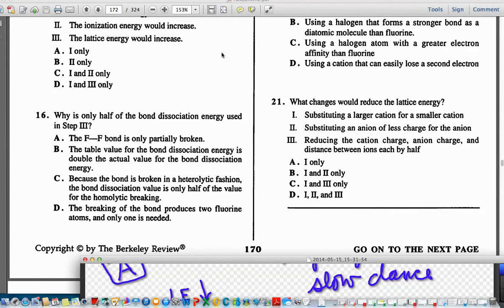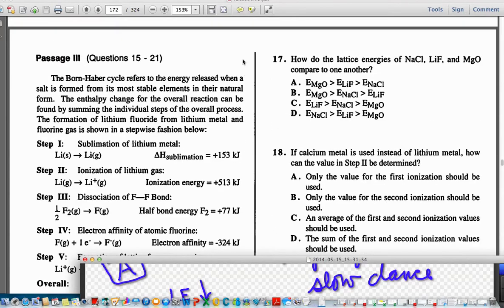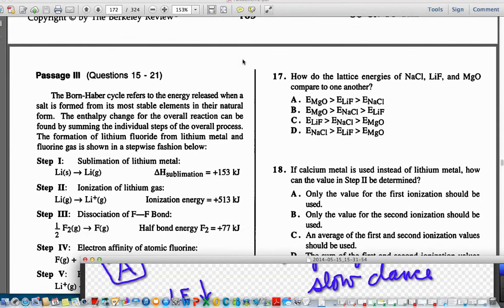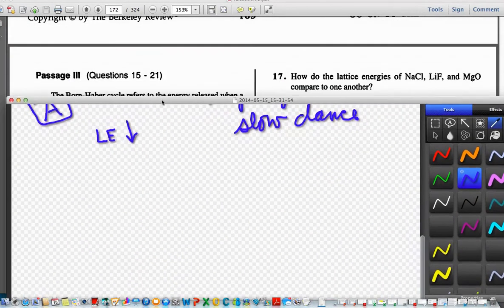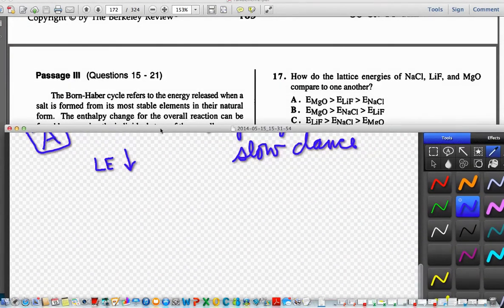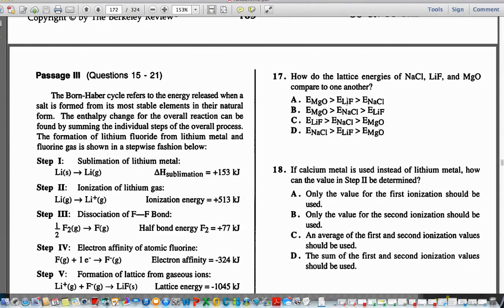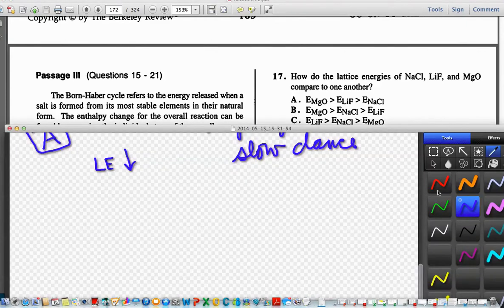Okay. All right, 17. Let me show you the foolproof way of always getting 17 right. So we're looking at NaCl, LiF, and MgO.